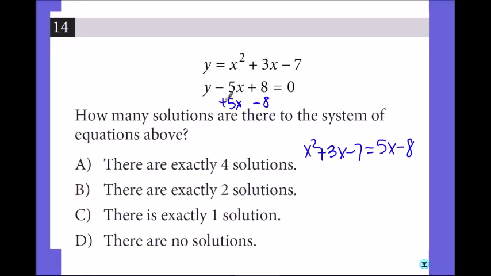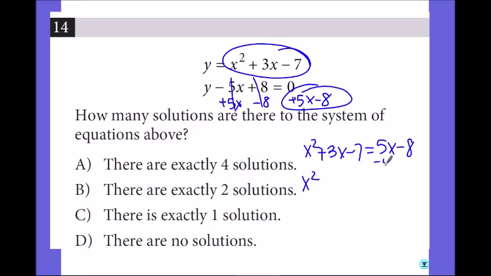When you move these to the other side, this is y, and this is your y. So now move everything to one side. So subtract x squared and 5x on both sides. It's minus 2x minus 8. So now you add 8. It's plus 1 equals 0.